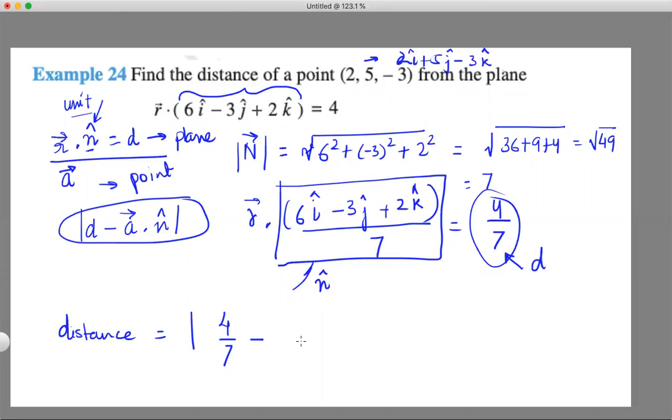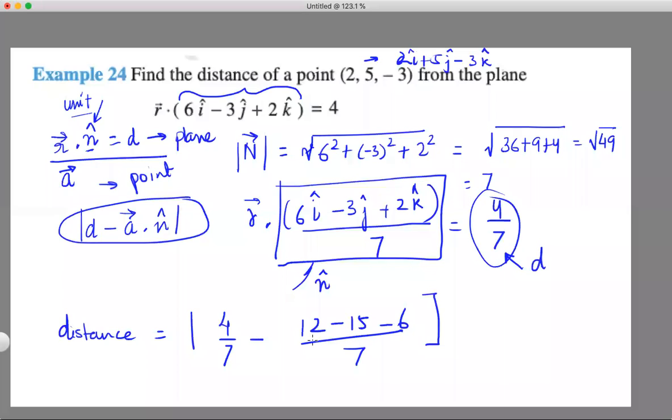This is 2 into 6 is 12. 5 into minus 3 is minus 15. Minus 3 into 2 is minus 6, all divided by 7. So what does this come out to be?